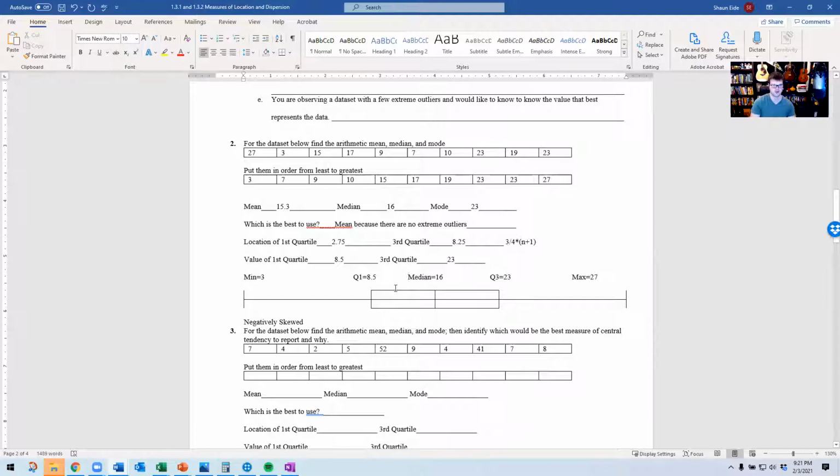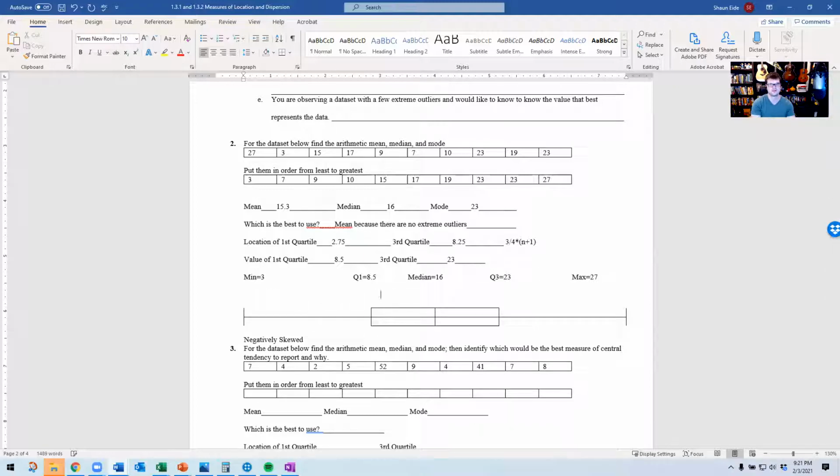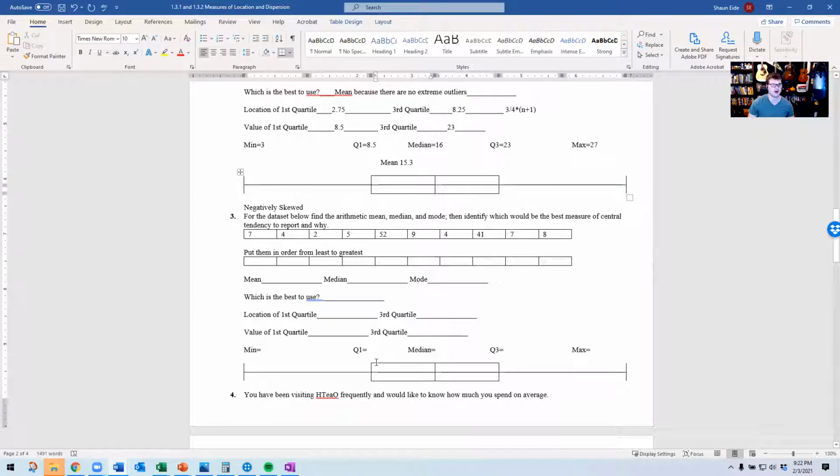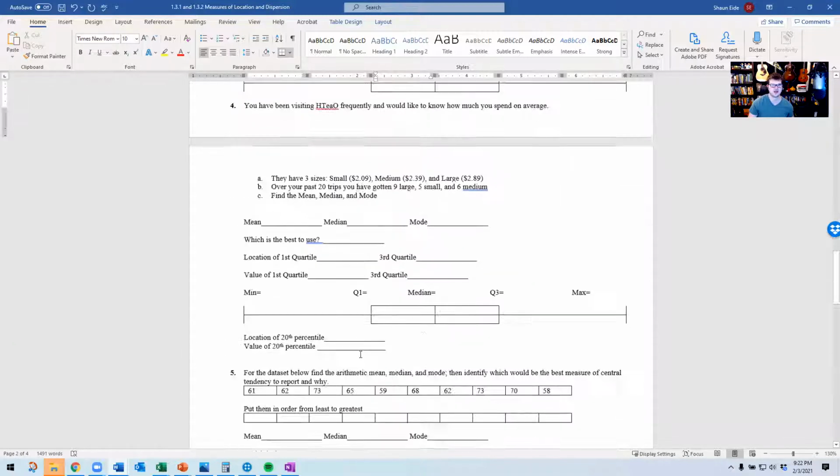You could put the mean, 15.3. Because the mean is less than the median, it is negatively skewed. And then just go all the way down, comparing the mean to the median. That's all that we're doing regarding skewness in this unit.